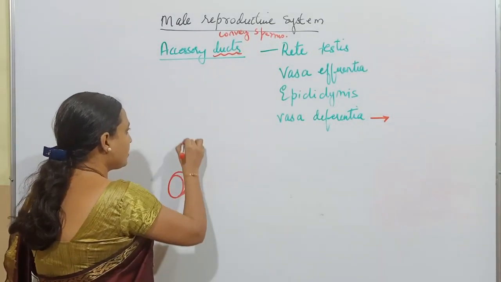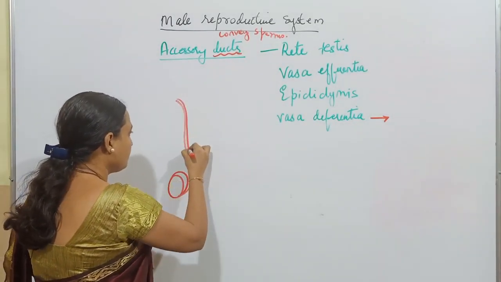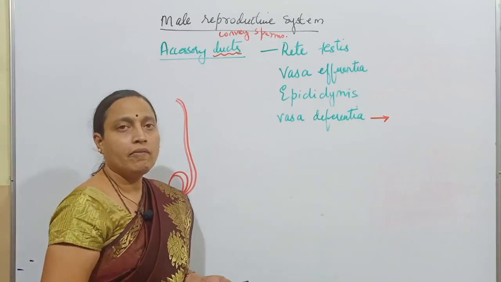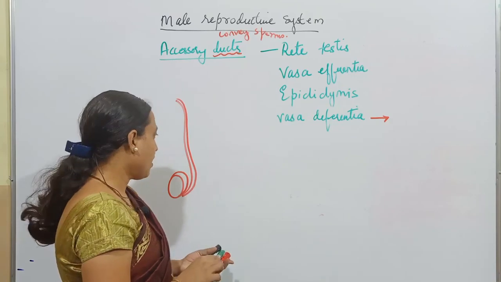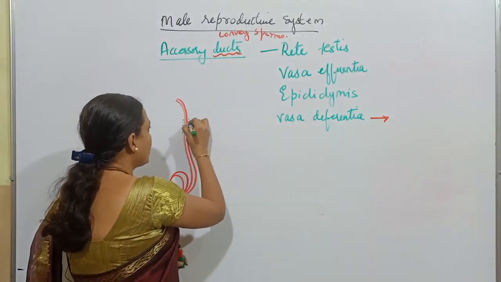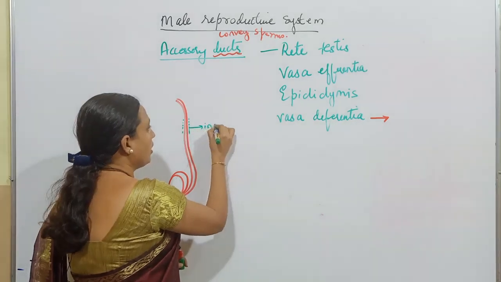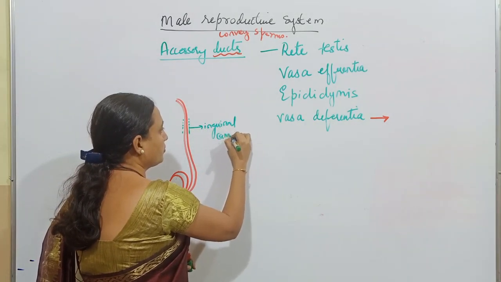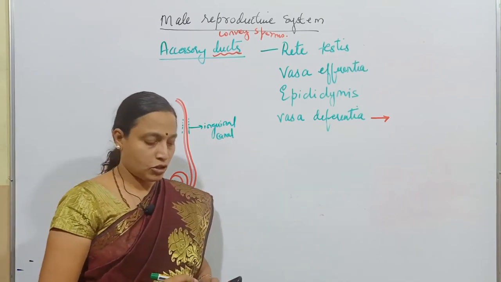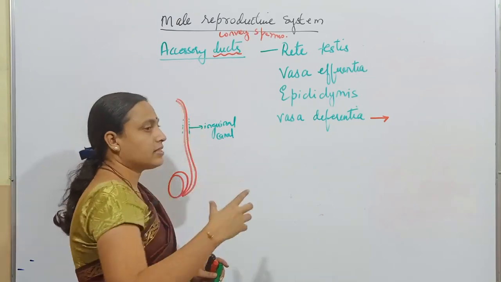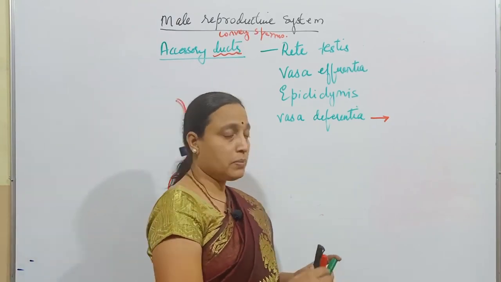So from the testis arises a duct called vasa deferentia, and this duct will enter into abdominal cavity by passing through inguinal canal. It will ascend, it is around 35 to 45 centimeters.